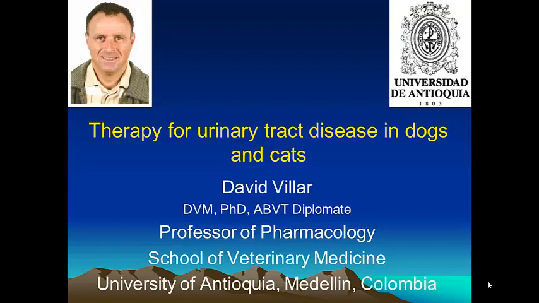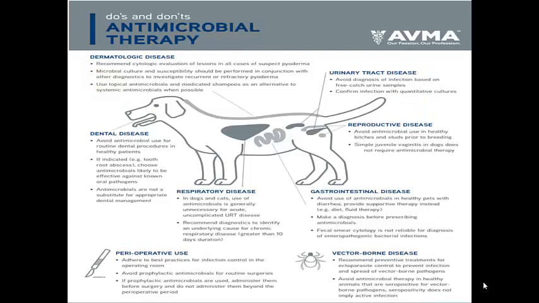Welcome to this video in which we are going to review some basic guidelines for urinary tract disease in dogs and cats. I just wanted to remind you that in 2015, AVMA put together a task force on antimicrobial stewardship in companion animal practice, basically to provide some guidance in light of the emerging impact of multi-drug resistant organisms.